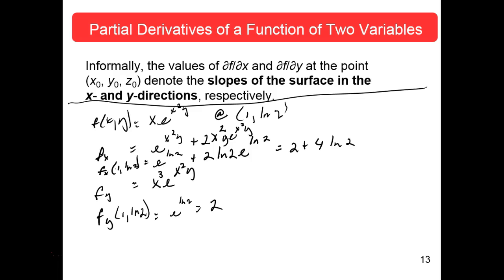Now they're doing the partial of f with respect to y, and they came out the same thing we did, x cubed e to the x squared y, and then plugging in 1 log 2 here.